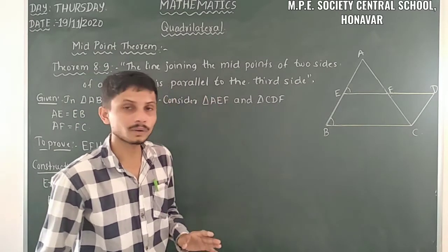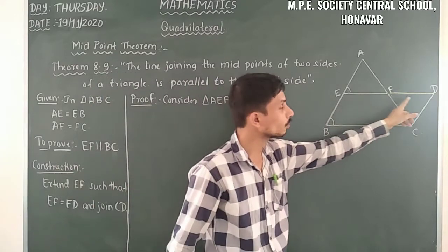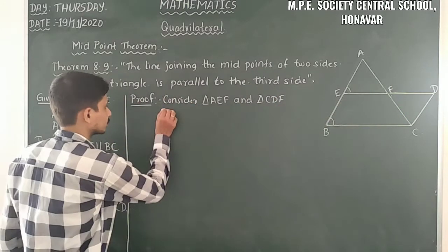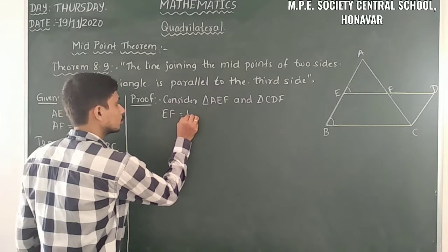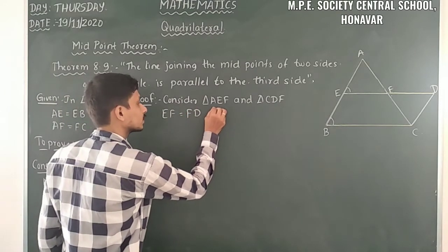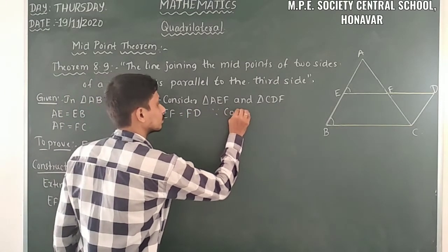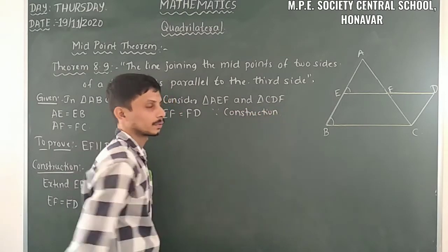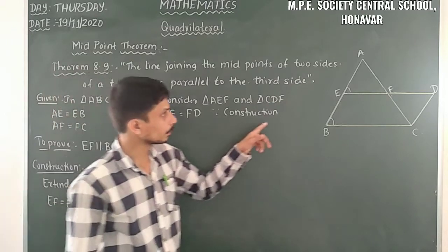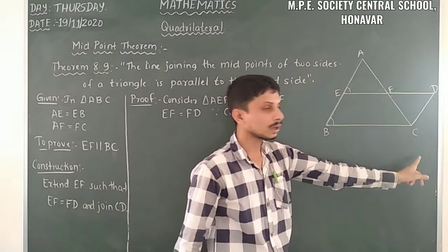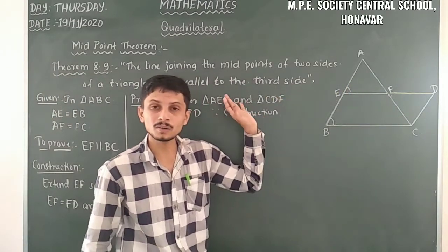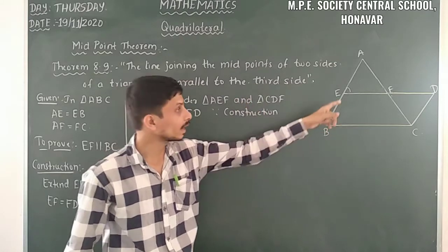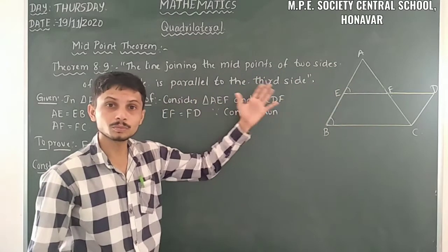In that, what are the equalities we have? EF is equal to FD, from construction. We constructed that one. What are the other possibilities here? AF is equal to FC, because F is the midpoint of AC, and those two become corresponding parts of those two triangles.